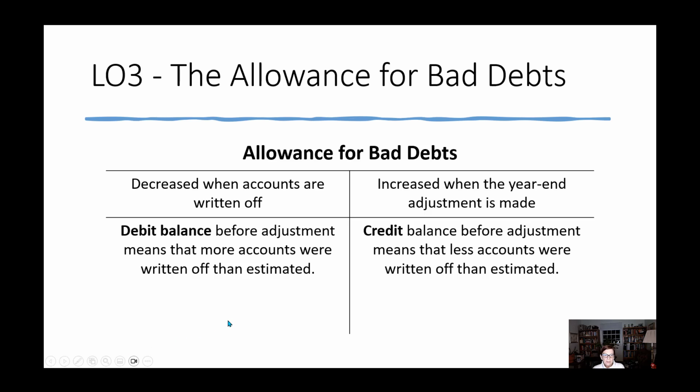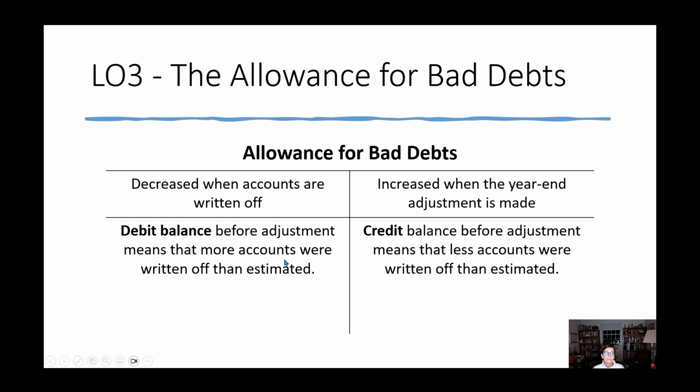Before we do that, let me remind you of something, which is the things that affect our allowance for bad debts, because we're going to find that sometimes our account has a debit or a negative balance when we get to the end of the year. So remember, the allowance for bad debts is increased when the year-end adjustment is made. It is decreased when accounts are written off during the following period. So when you get to the end of the year, it's possible to have a debit balance before you make your adjustment.